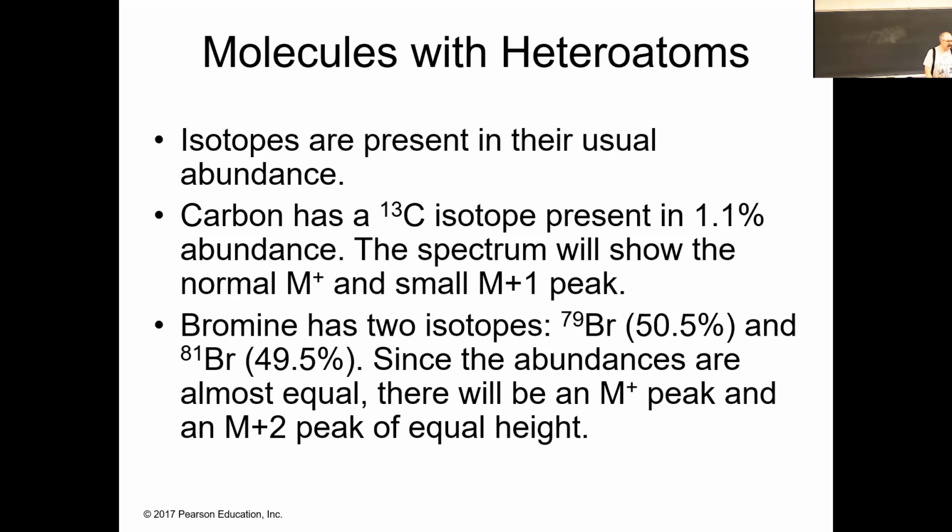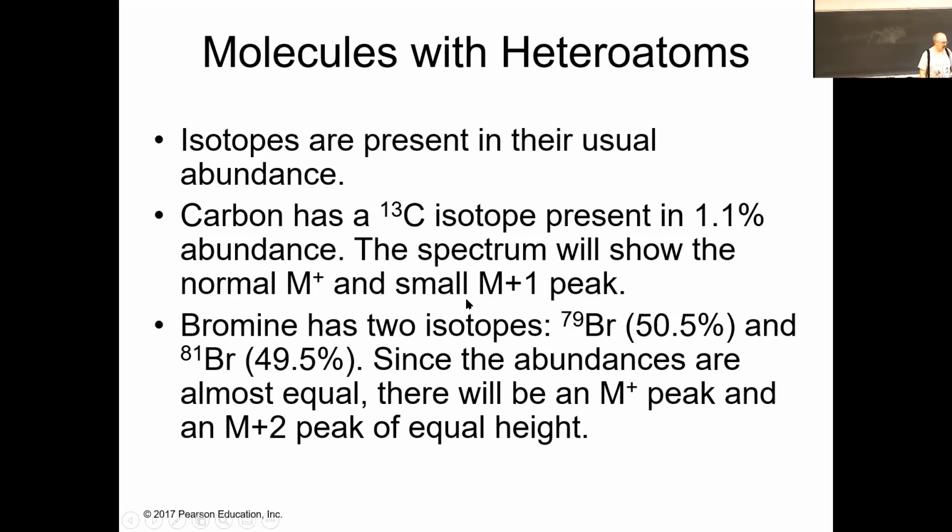And isotopes are present in their usual abundance. Okay, so carbon has a carbon-13 isotope present in 1.1% abundance. The rest is carbon-12.